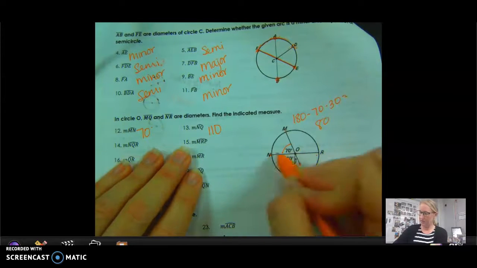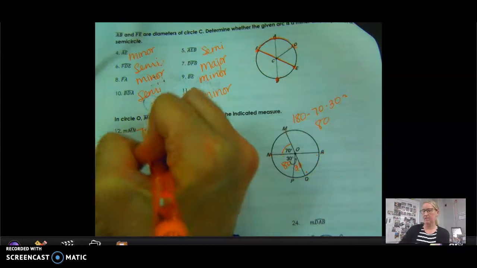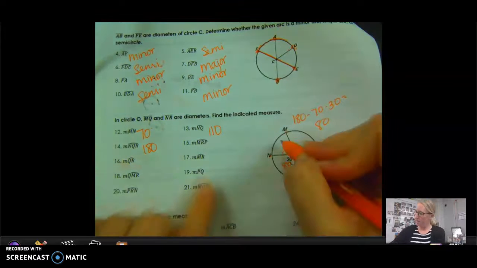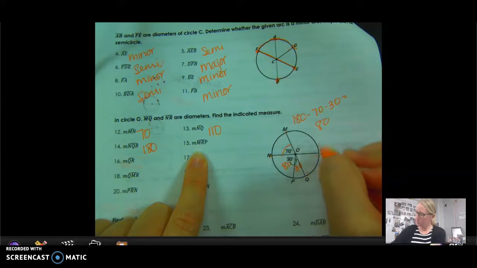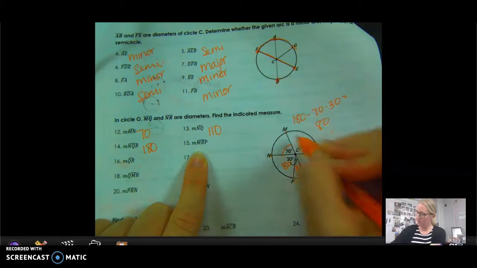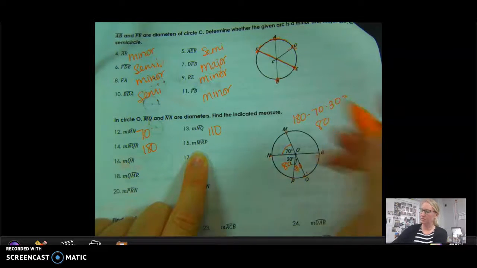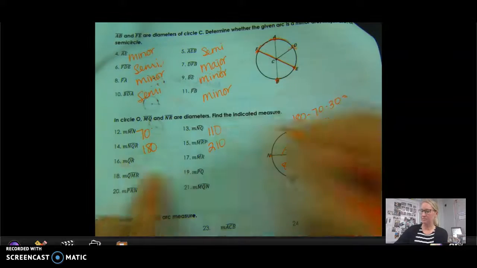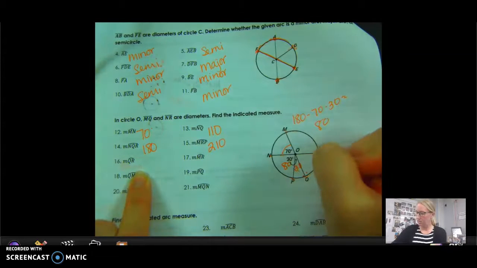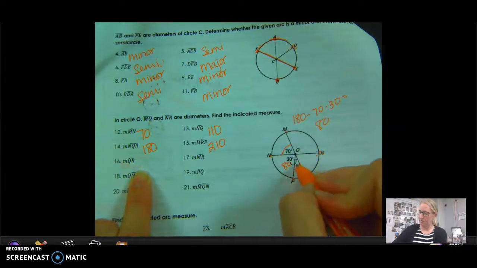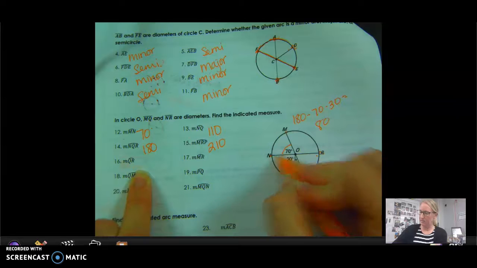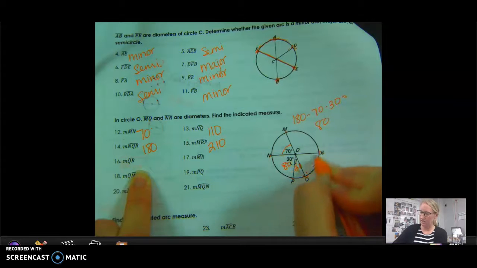N to Q to R, that's a diameter, so that's 180 degrees because it's a semicircle. M to R to P, so M to Q is 180 because it's a semicircle. But then I have to add on Q to P an additional 30, so that's 210. Q to R, well, I have 30 degrees here and 80 degrees here, and this N to Q to R would be 180.